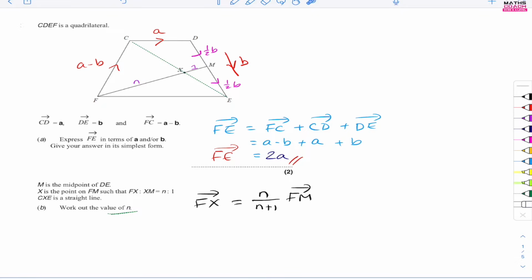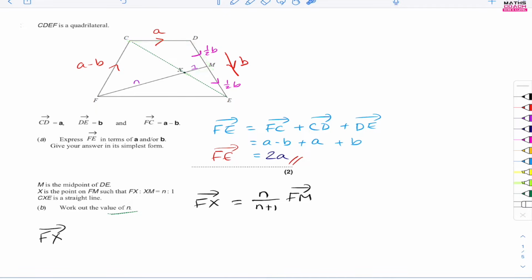Now, obviously, we're going to need to calculate FM at some point, which we will do very shortly. But let's write down another route for F of X. You can do this now or you can do it later, it doesn't actually matter. You can go ahead and find FM if you want to. So what is the other route that I can take to find F of X? Well, I can go from F to C, and from C to D and D to M and then go backwards.